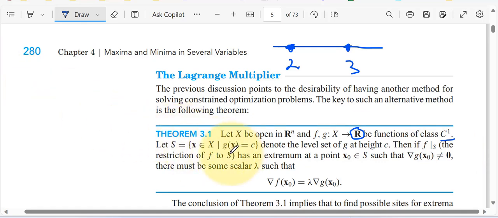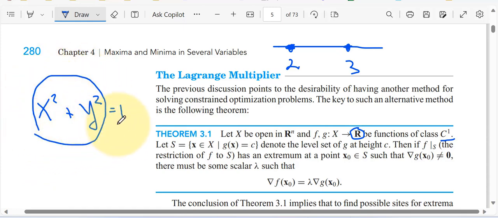And what this means is that we have our constraint. Like in the Khan Academy example, this was our g function, and we constrained it to be equal to 1. So this is what this says. It says we have a g function. It takes the vector, in this case x comma y.